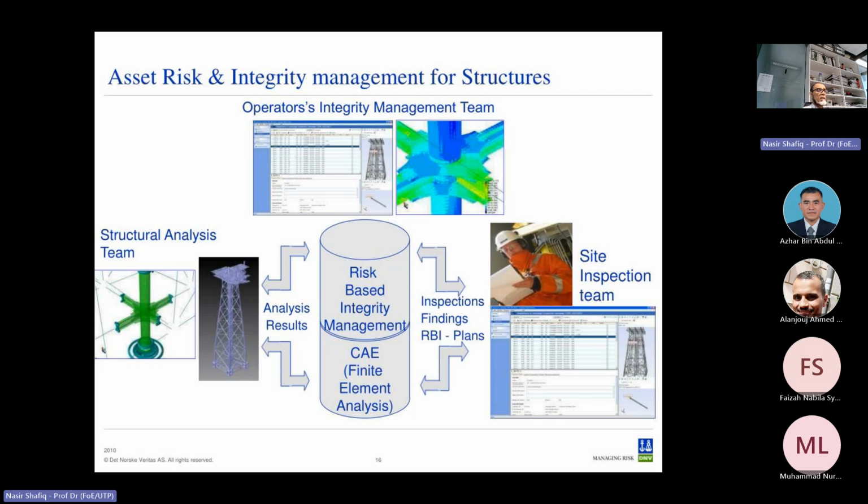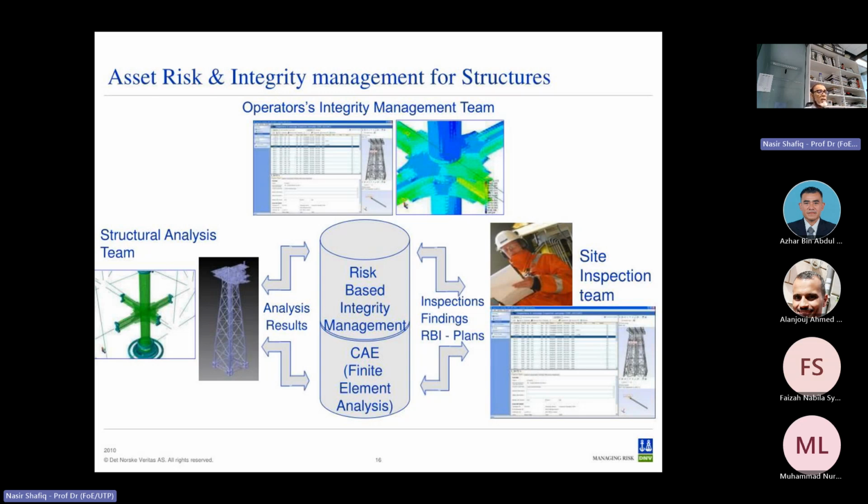So here, as you can see in the middle, risk-based integrity management, meaning all these analyses, you have to estimate the risk, right? So in the end, you will be looking at whether this risk is acceptable or the risk is to be mitigated.